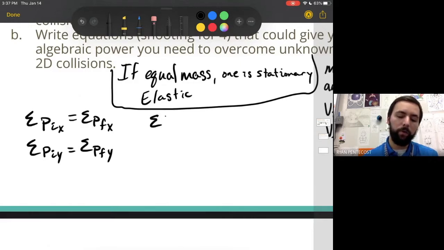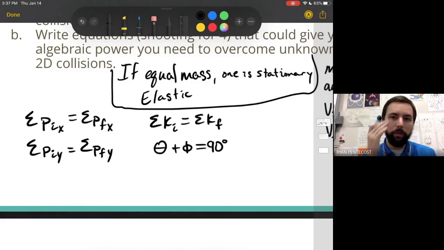First, the conservation of kinetic energy, right? We talked about that when talking about elastic collisions. Conservation of kinetic energy is reserved just for elastic collisions. And the last one I want to bring up is that theta plus phi can also equal 90 degrees if they have equal masses, one is stationary, and it's an elastic collision.